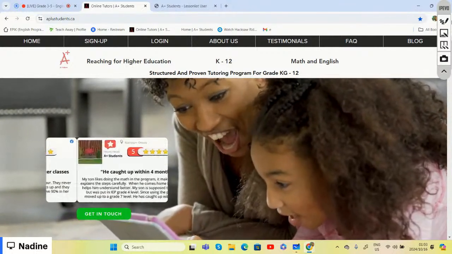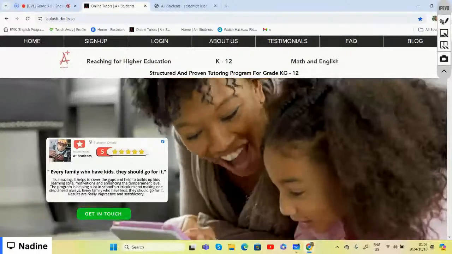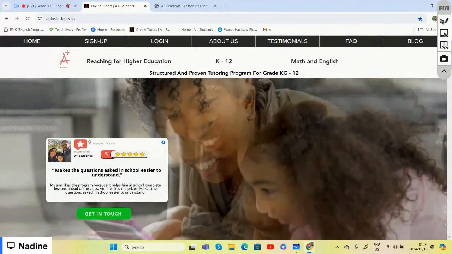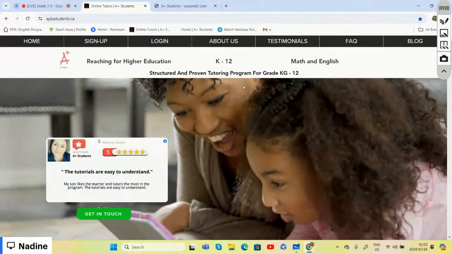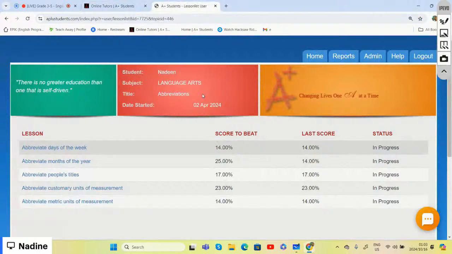And then the lessons that we are going to be focusing on under the chapter of abbreviations, not the lessons, but we're going to first do the chapter, and we're going to do abbreviations.